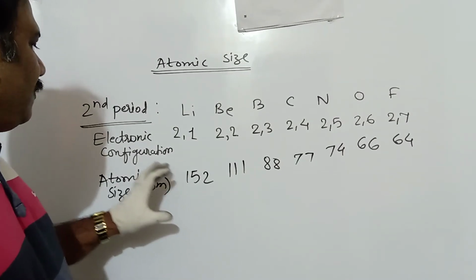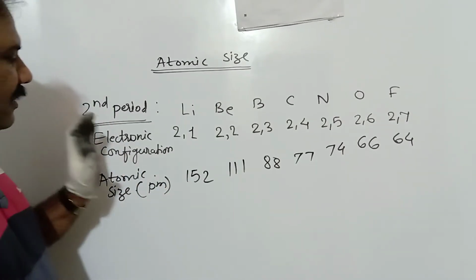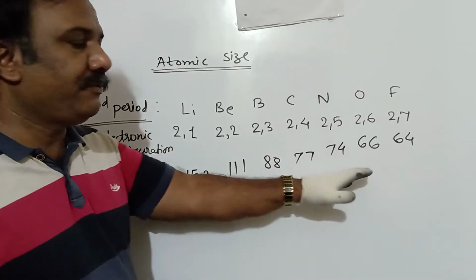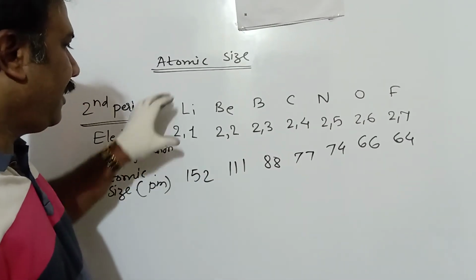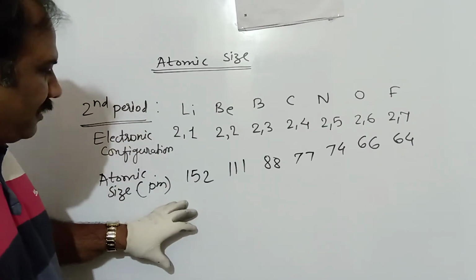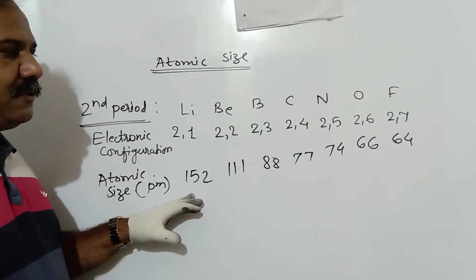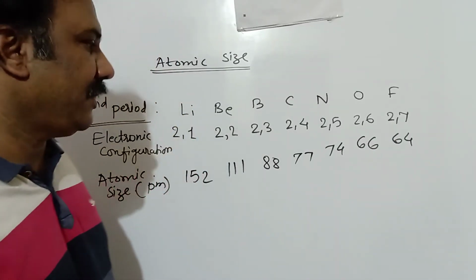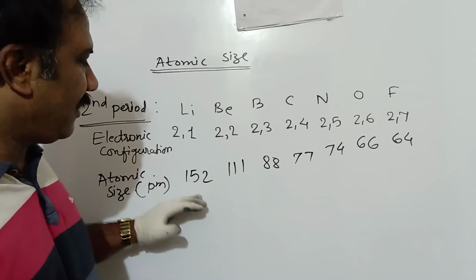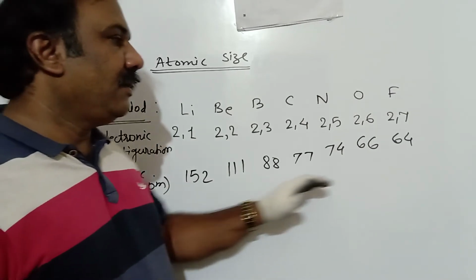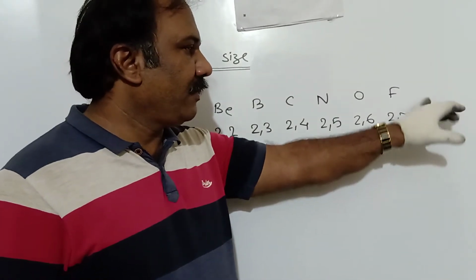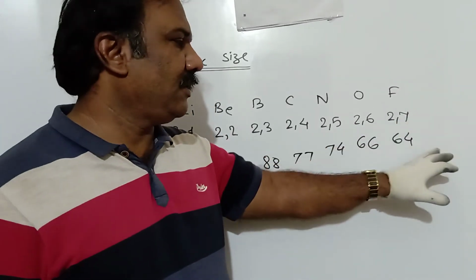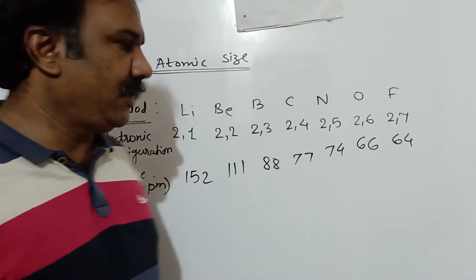So we can see that the atomic size is decreasing from left to right, and lithium is the biggest atom in this period and fluorine is the smallest atom in this period. So this is the trend: atomic size is decreasing from left to right. But neon is an exception. Actually the size of neon is bigger than fluorine.